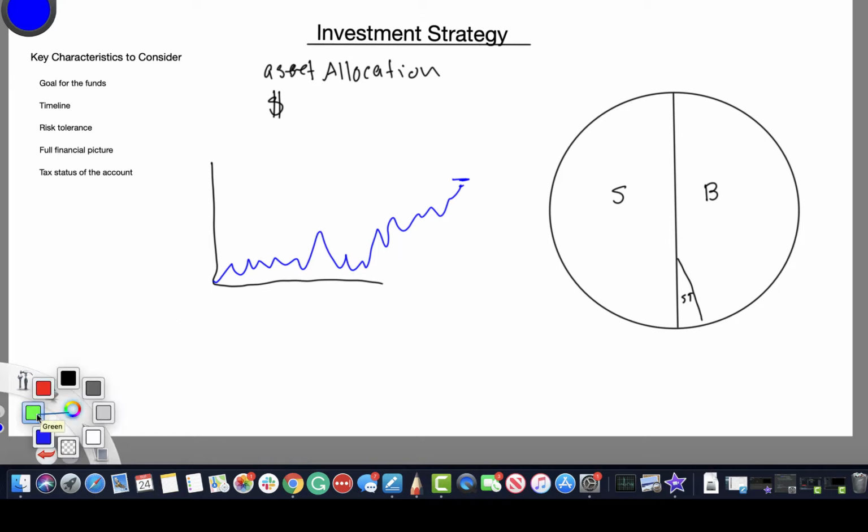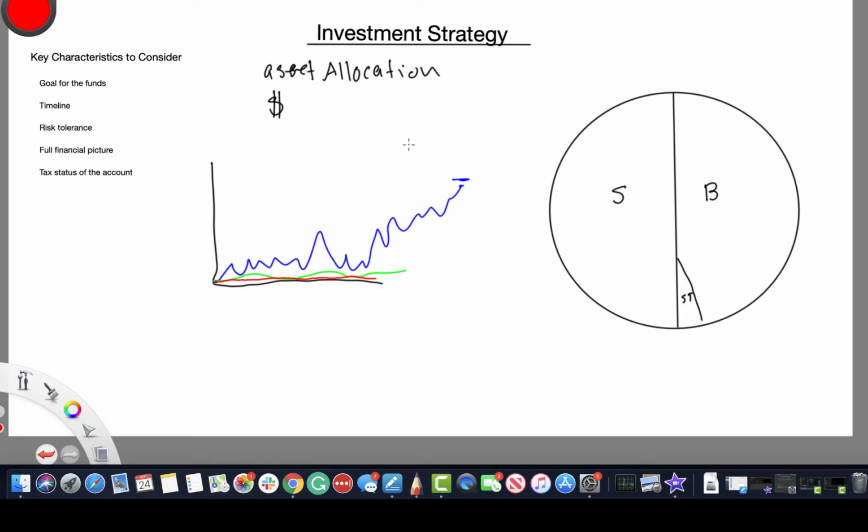If we're looking at bonds as being green, for example, they kind of waver, never really getting you as high of a return, but never really giving you as much of a loss. And then cash or cash equivalents, CDs, are basically just flat guaranteed rates of return. They're probably the least risky investments that you could choose. But we want to have some composition of these to match what your goals, time frame, and risk tolerance are.